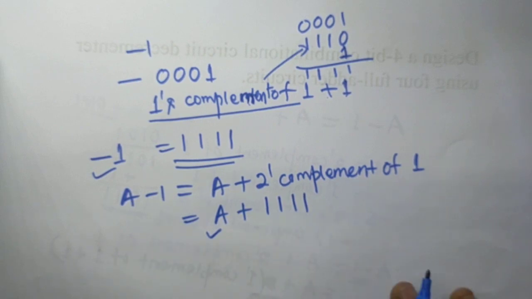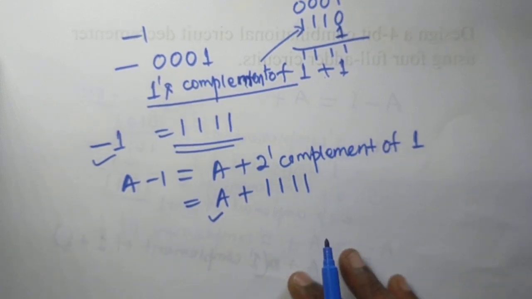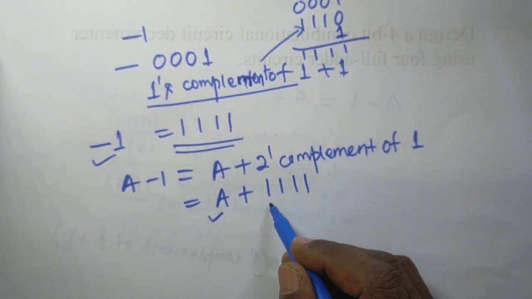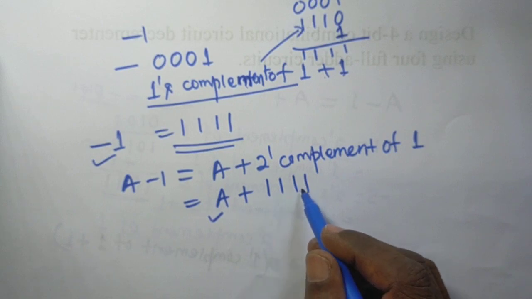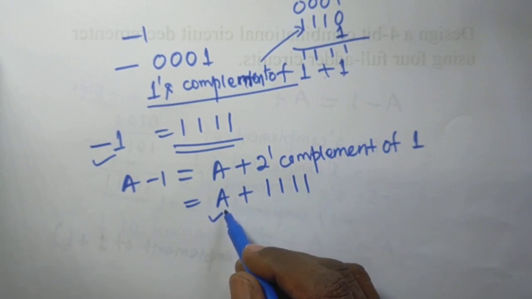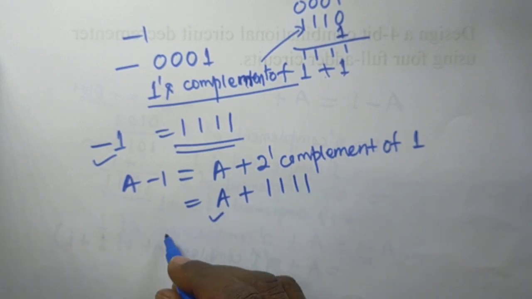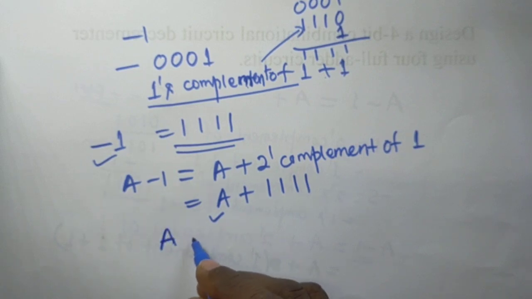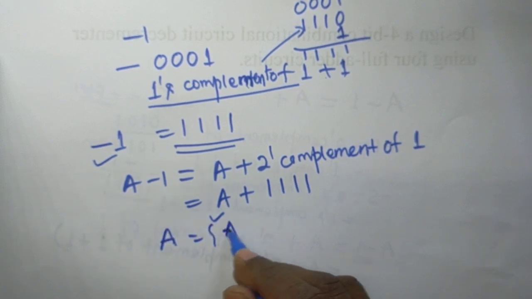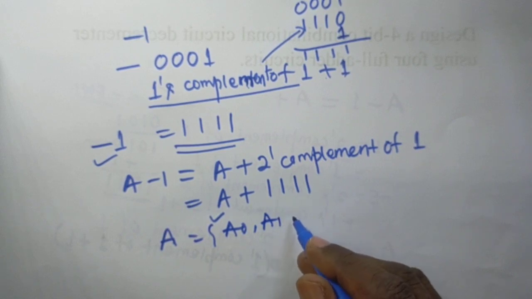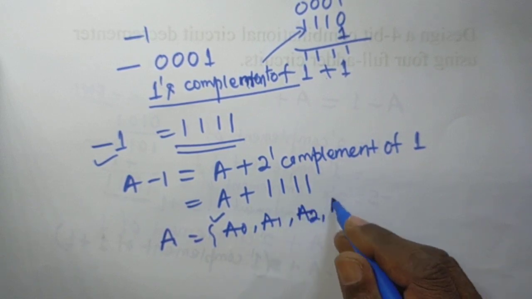Now we have to design that particular circuit, a 4-bit combinational circuit. Here, 1 1 1 1 is 4-bit. Similarly, A is also divided into 4 bits: A0, A1, A2, A3.